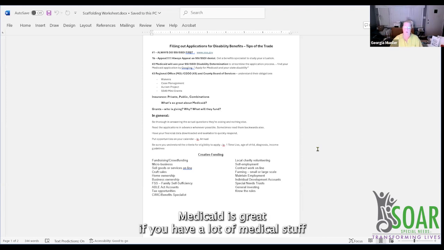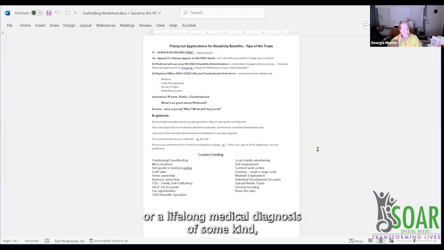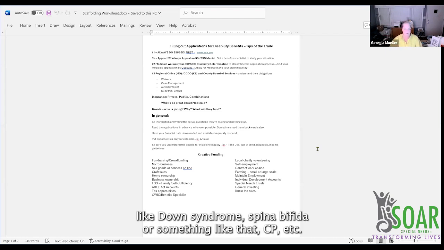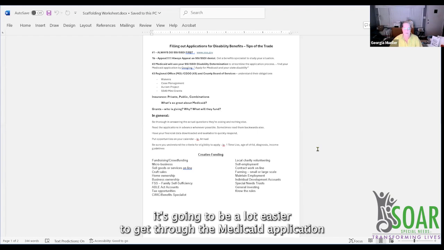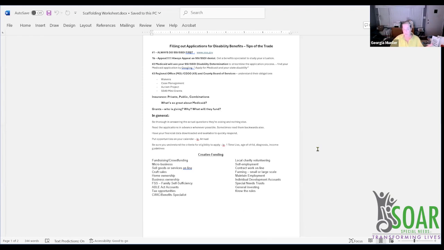Medicaid is great if you have a lot of medical stuff going on and a strong medical history within the last 2 or 3 years, or a lifelong medical diagnosis like Down syndrome, spina bifida, CP, etc. It's going to be a lot easier to get through the Medicaid application with that high quantity of medical background.